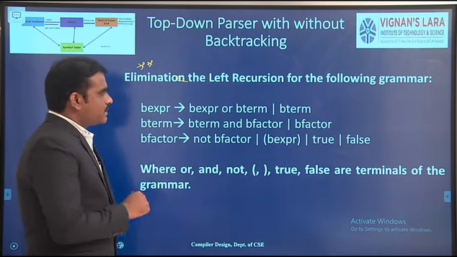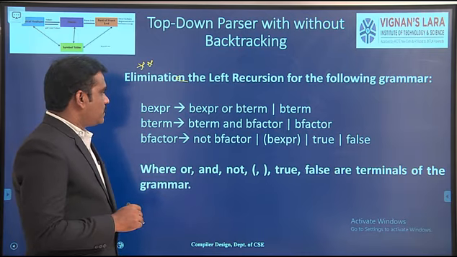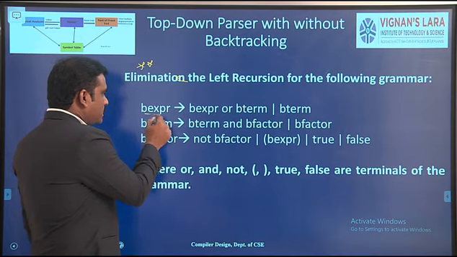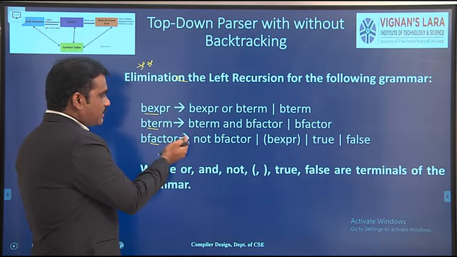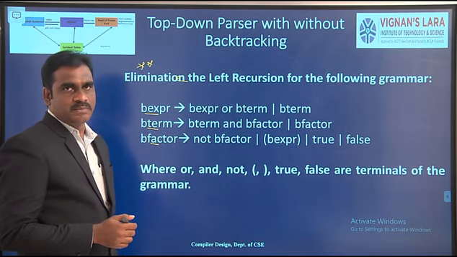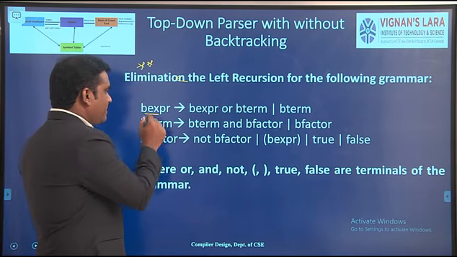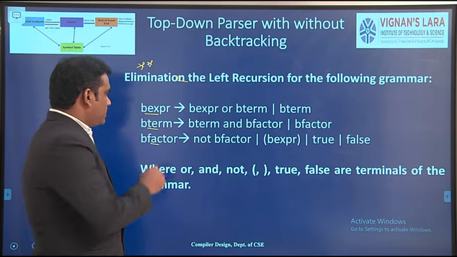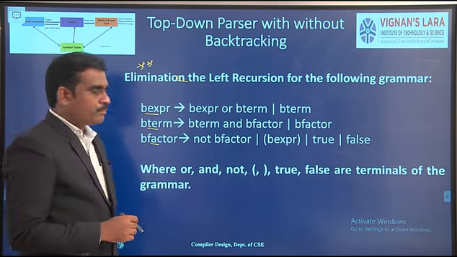In this grammar, how many non-terminal symbols do we have in total? Total 3 non-terminal symbols, because the production left hand side symbols are the non-terminal symbols. One is B expression, second is B term, and third is B factor.